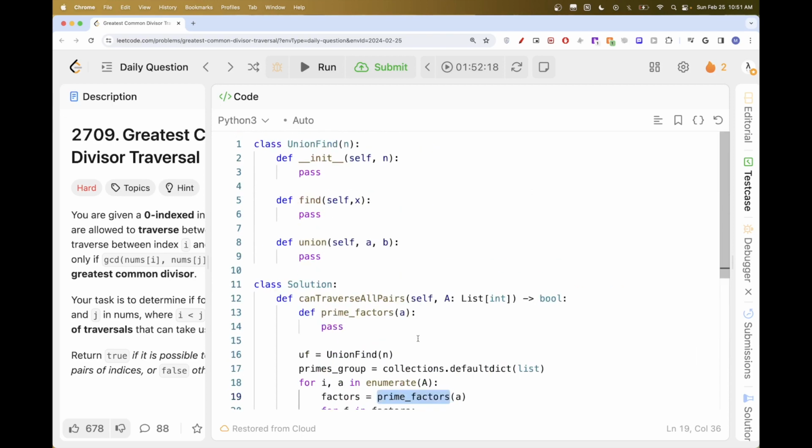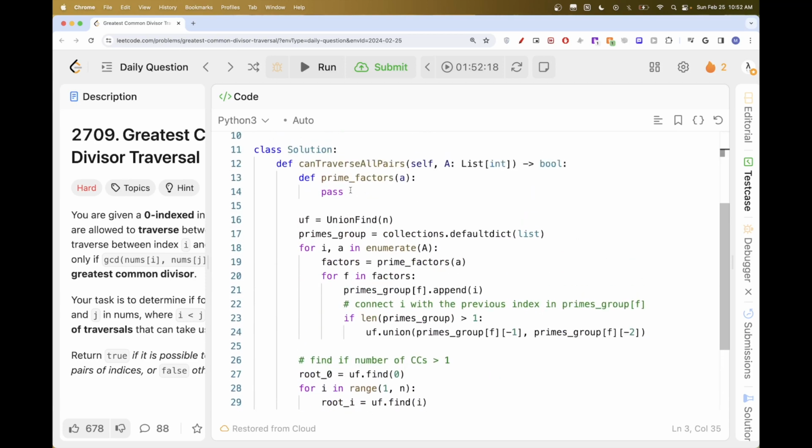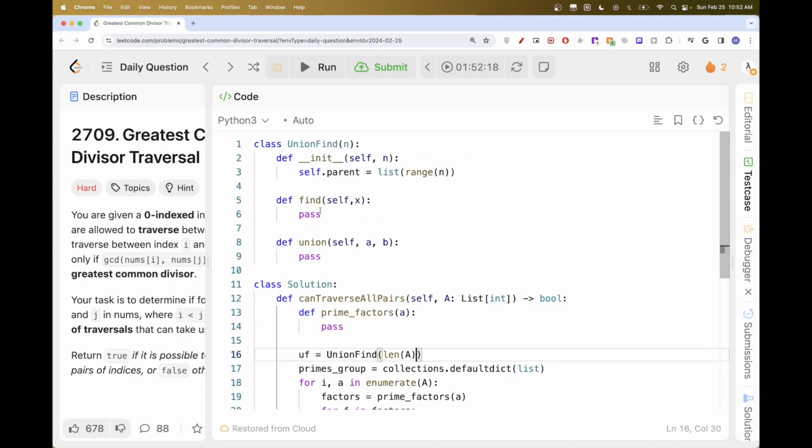Okay, so first let's define our union find. So for union find, you need to keep track of the parents of each index, of each node, and so the number of nodes we have is the number of indices, which is n, so we just do range of n. And n is just the length of the array. And how do we find?